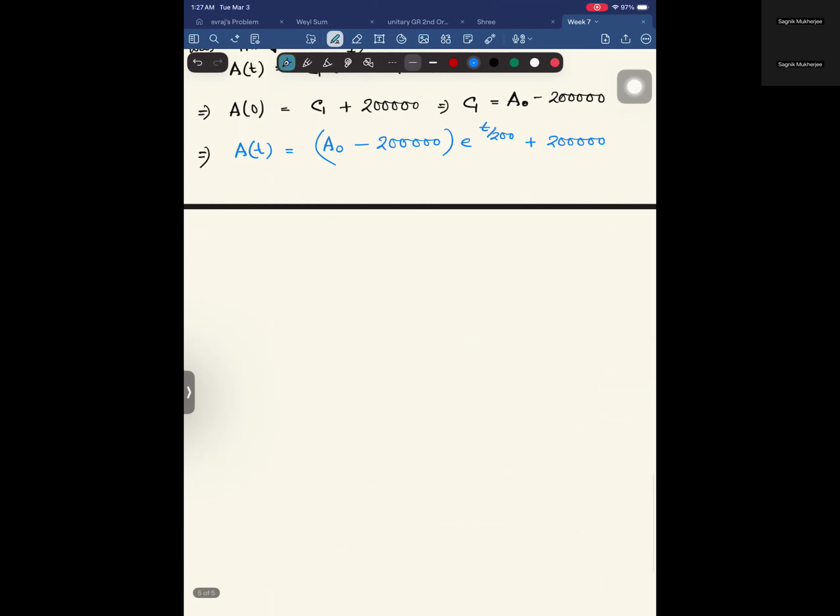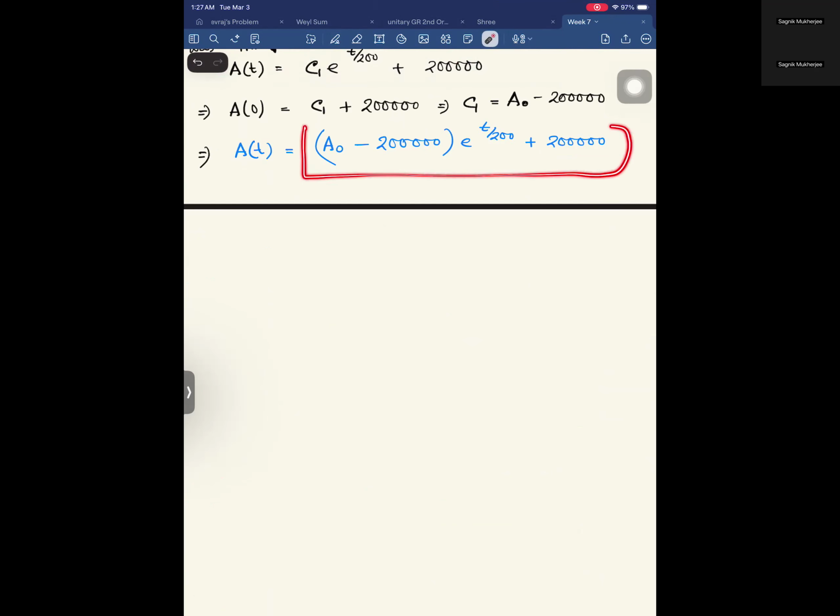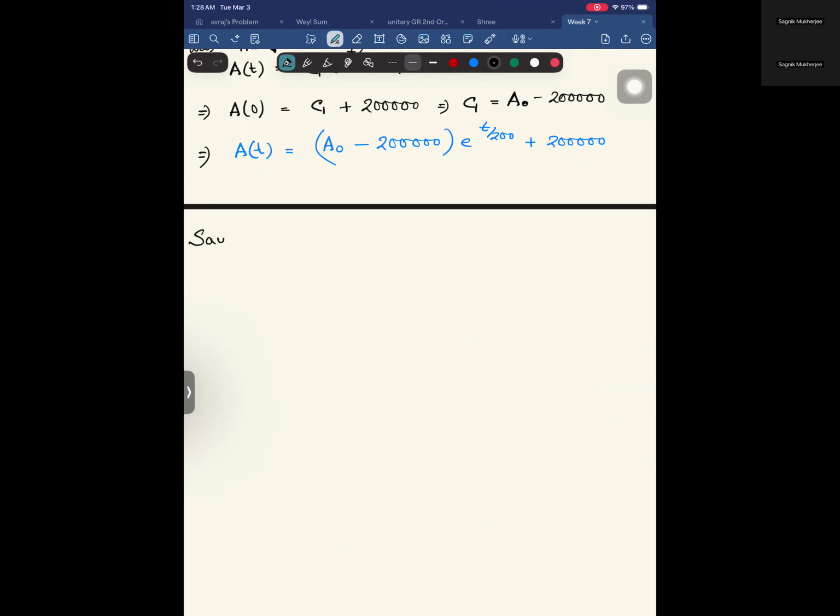Right? Now you are inquiring whether this expression can be 0 for any value of t. Let's see. Say A of t0 is 0, meaning A0 minus 200,000 e power t over 20 equals negative 200,000.